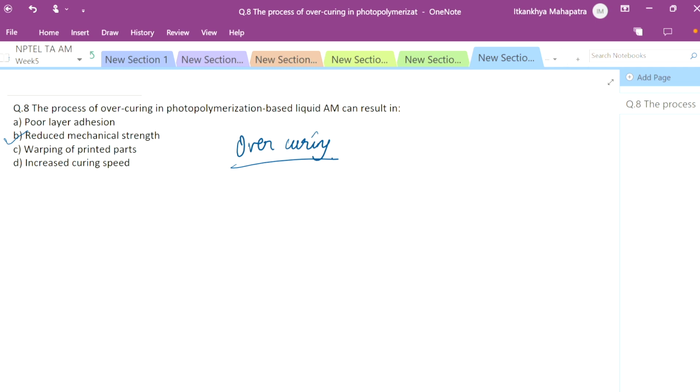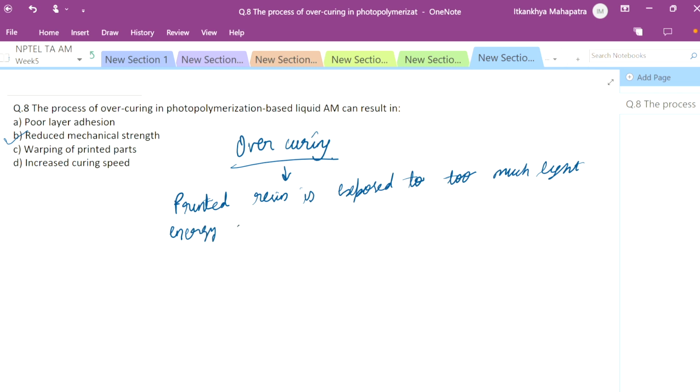Now, in overcuring, printed resin is exposed to too much light energy for an extended period.